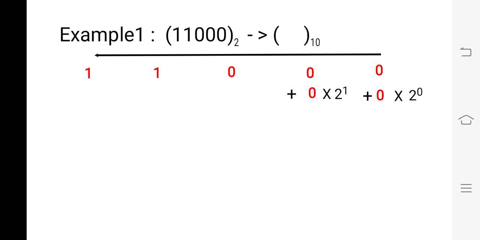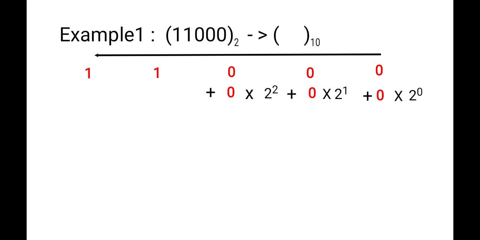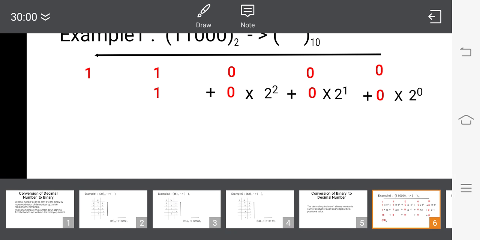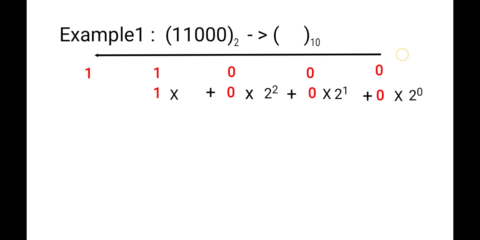For the next binary digit, the power will be 1 plus 1, 2. 2's power 2. We put the plus sign. We multiply 1, that is the binary digit, with 2's power 3, and this time 3 plus 1, 2's power 4. So these are the position values that we multiply with the binary digits and we sum all of them.